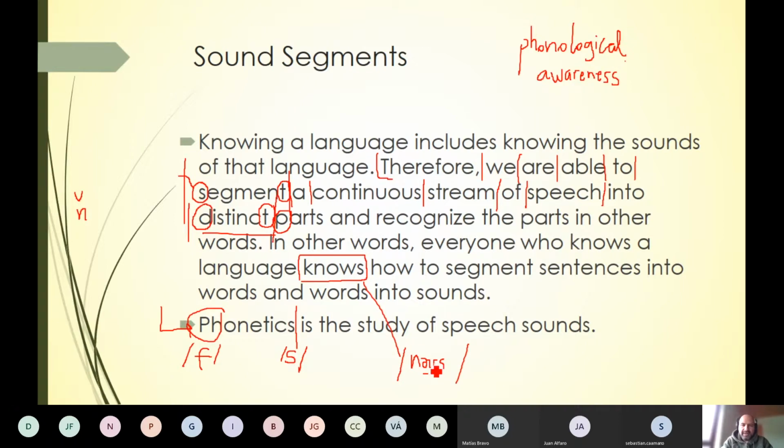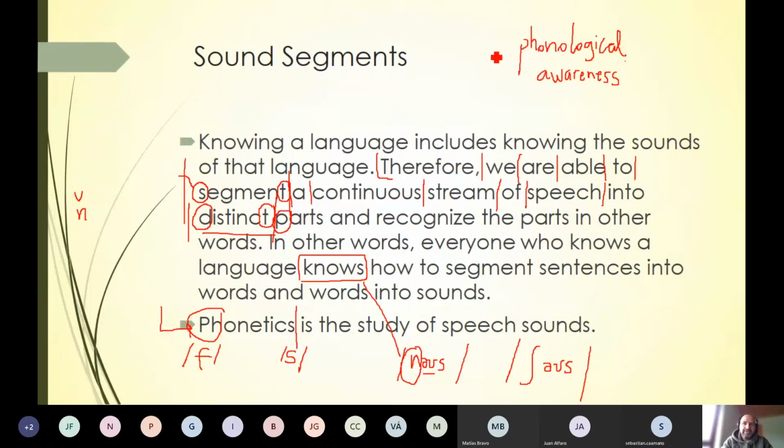You're able to identify the initial sound, and you can change it if you want, right? For example, instead of saying nose, you can change the initial sound for sh. You can say shows, nose. Okay, so the ability to identify the sounds and the corresponding symbols representing the sounds is what's called phonological awareness.